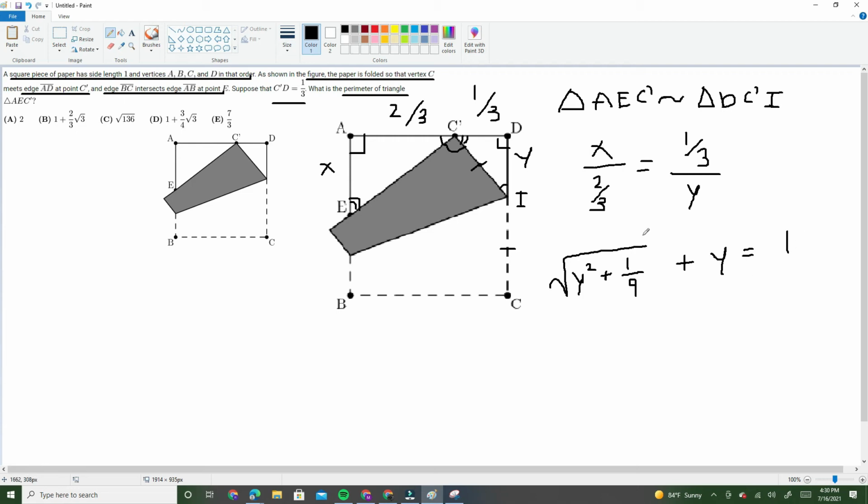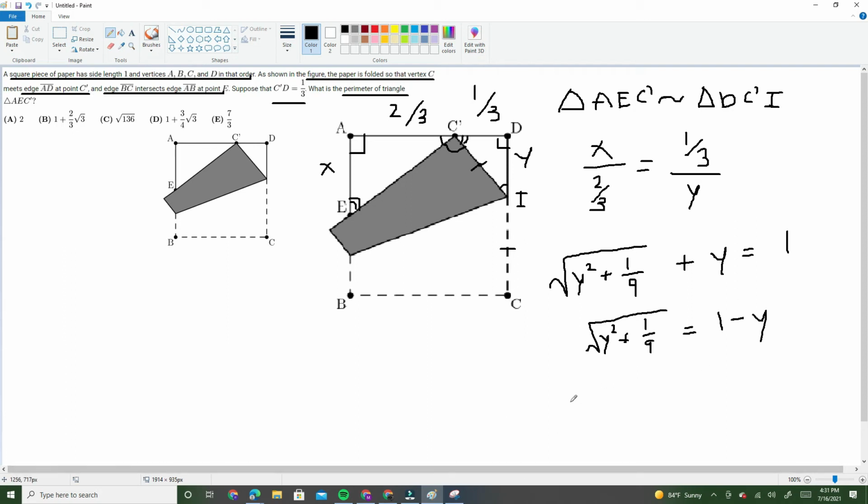So now we have another relationship. Since this is one equation and we only have one variable, we can actually use this to solve for y by just simply rearranging the equation. So we just keep the y squared plus 1/9 on the left hand side. We take over the y on the right hand side and just subtract it due to it just crossing the equal sign.